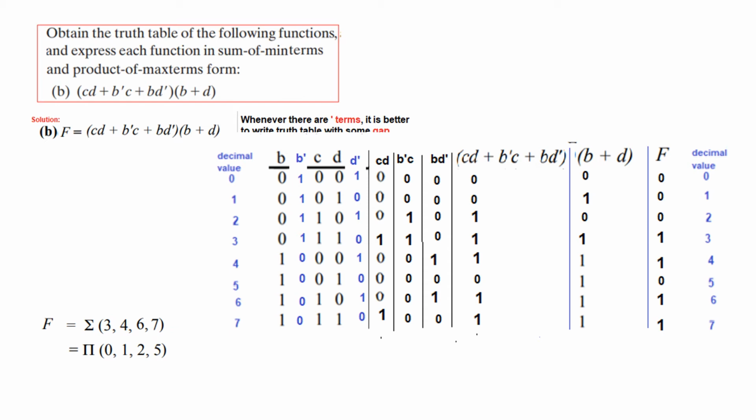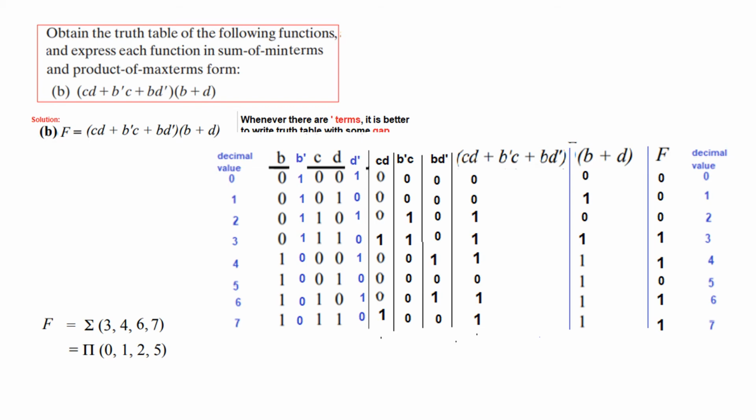And the opposite of it, that is the Maxterm, will be multiplication of the Maxterms. So Maxterms are the opposite, where it is not 1. So you can see 0, 1, 2. And then this term is 0, so we'll write 5. So 0, 1, 2, 5, this is the Maxterm or product of Maxterm.